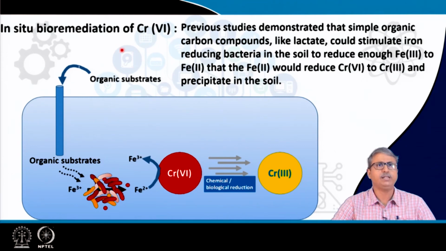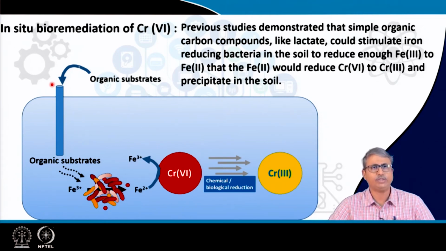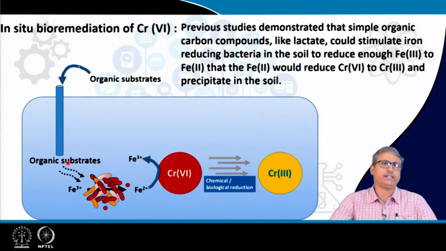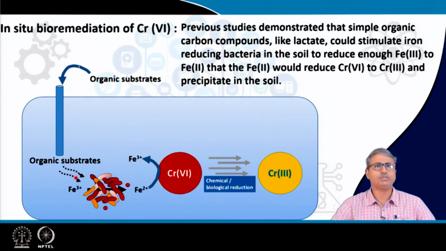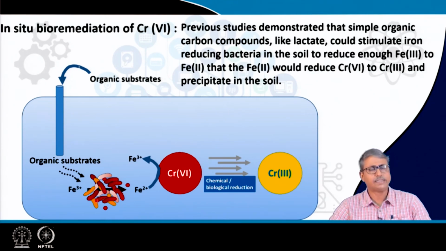So, effectively the scientists injected organic compounds which are easily utilized by these iron reducing bacteria. Through different injection wells they injected lactic acid or polylactate compounds, and these are finally utilized by the iron reducing bacteria which are naturally present.